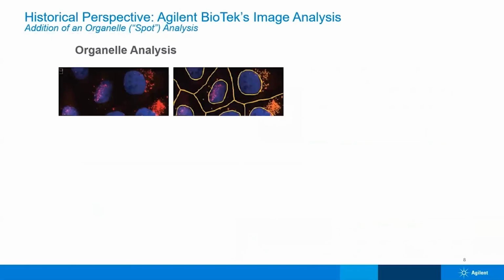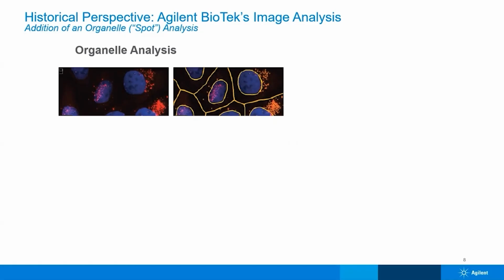The second focus area where we spent a lot of energy on developing is spot analysis, which allows subcellular analysis of organelles or regions of interest within your cells. As you can see here, the image on the left is an image labeled for H2AX in red, which shows DNA damage, and then labeled for DNA with the blue stain.